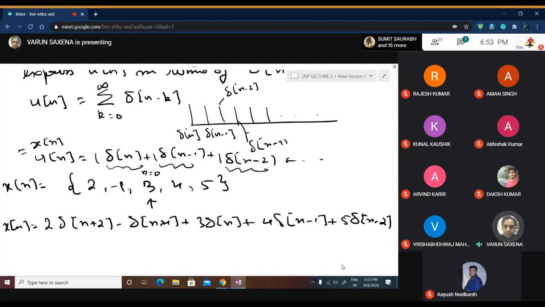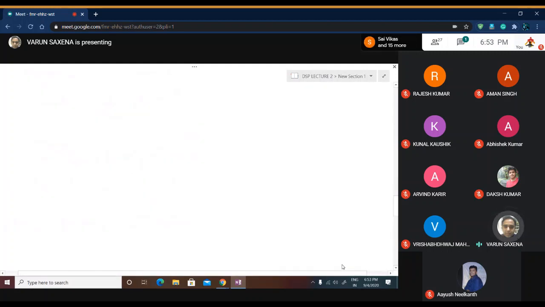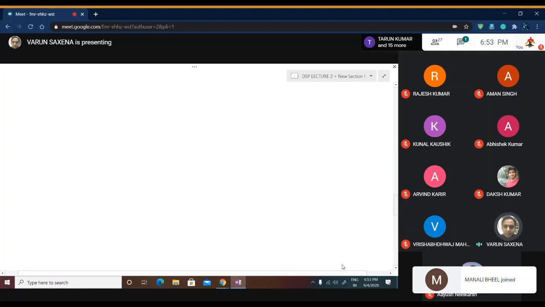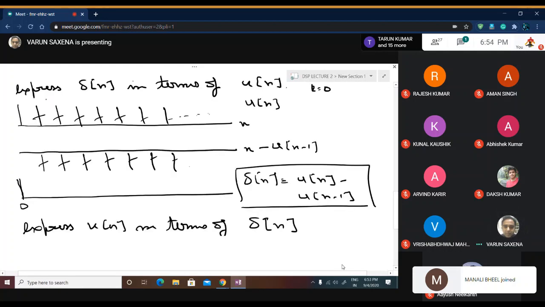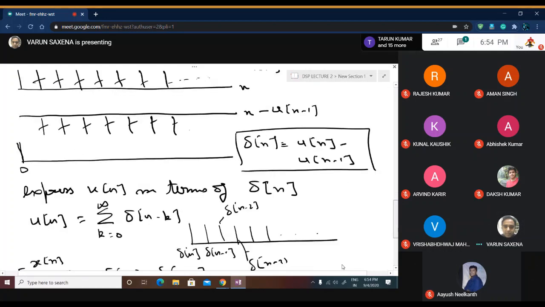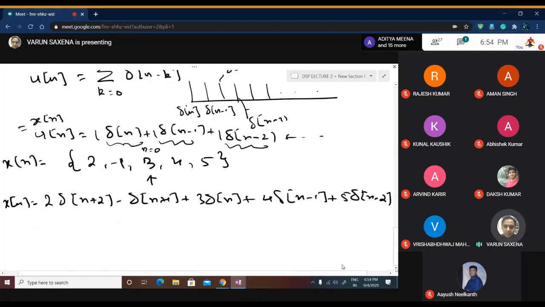There is another sequence which is of importance to us, which I want to discuss. There is another sequence which is an exponential sequence. So the third sequence is an exponential sequence.